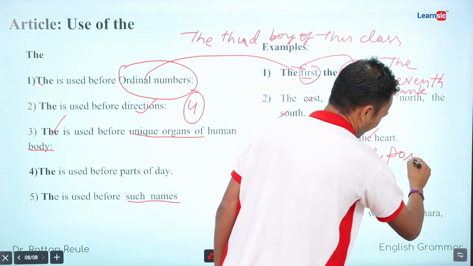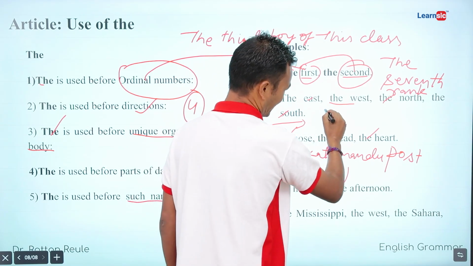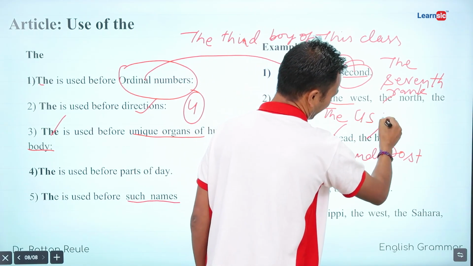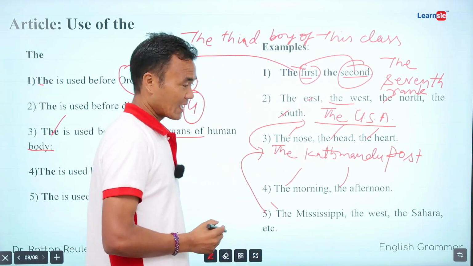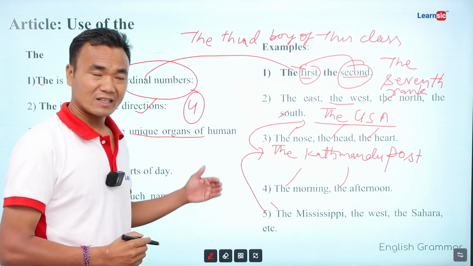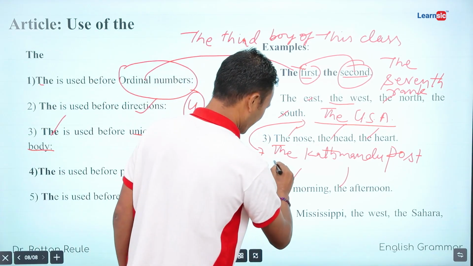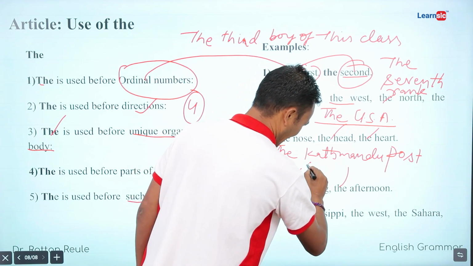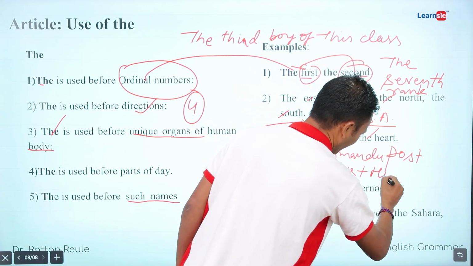This is the name of a newspaper. And before the name of a country, we use the USA. It is very particular and specific, that's why. And we also use the article before the name of some places, like we have a 5-star in Kathmandu, the Everest Hotel. The Everest Hotel.